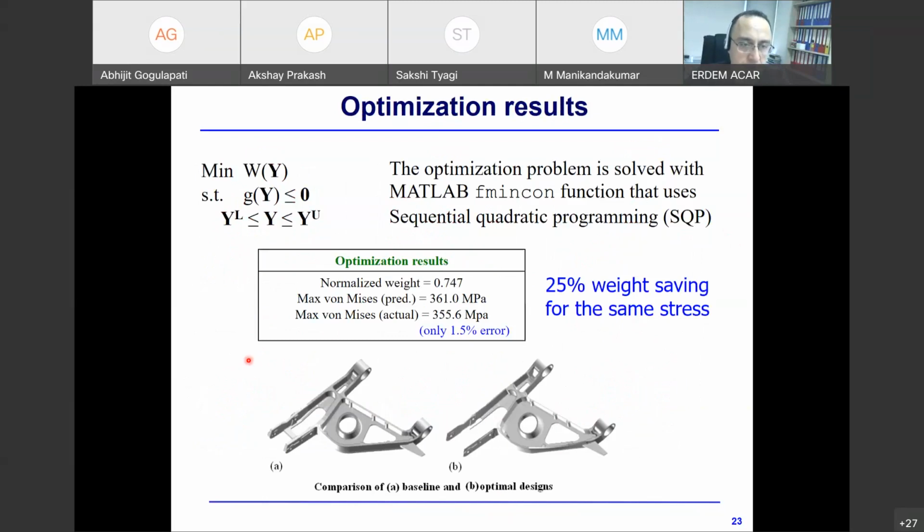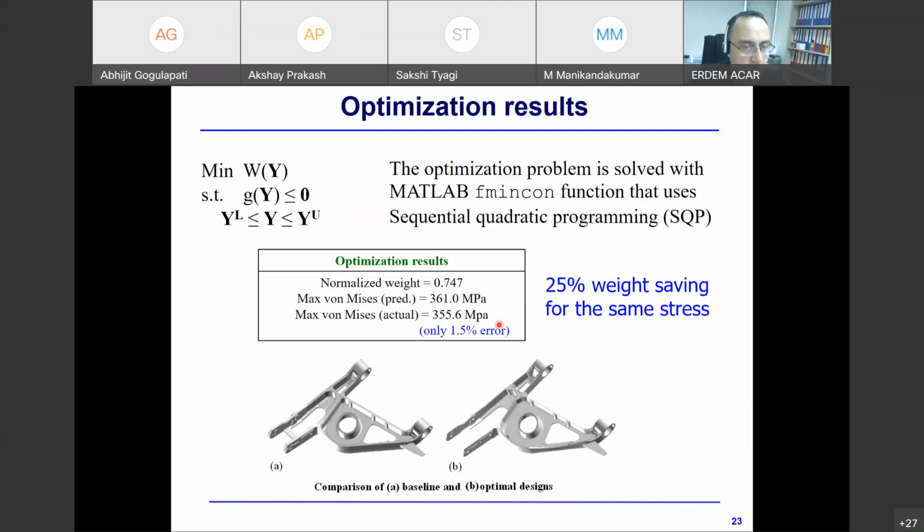We find out that the von Mises stress predicted using Gaussian process was 361, and we made our final validation run, and we found out that the actual von Mises stress was smaller than that value.